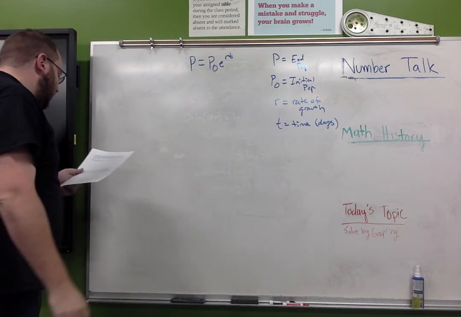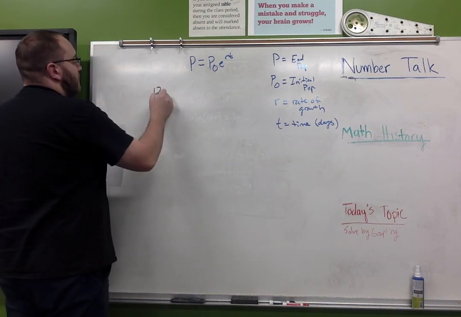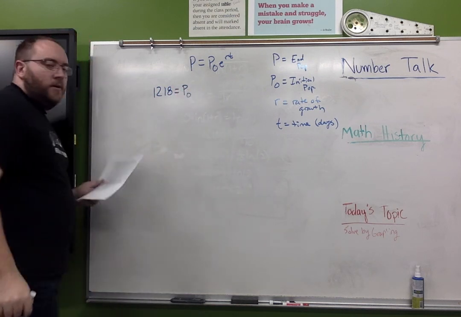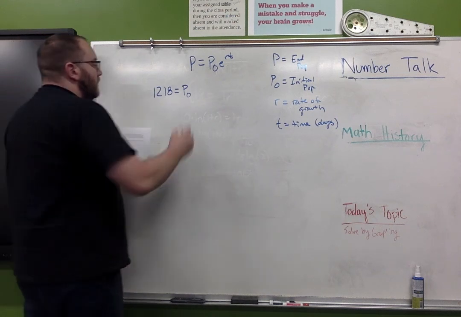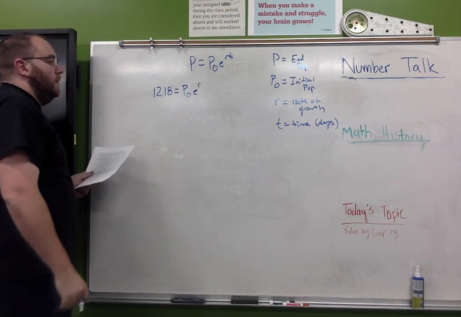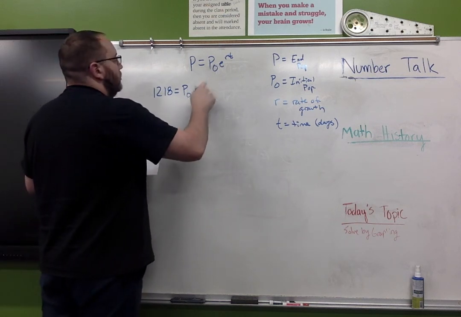Okay. After 2 days, there are 1,218 flies. So we have 1,218 is equal to P naught, we do not know the initial population of the flies, times e to the r. We don't know the rate either. But we do know the time. It says after 2 days, so 2r.